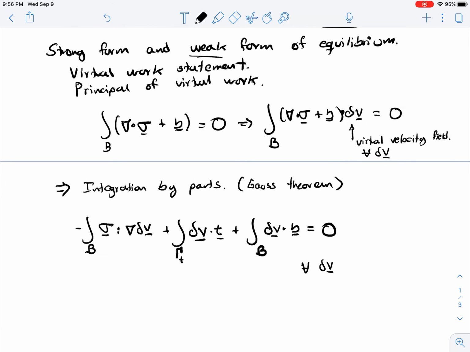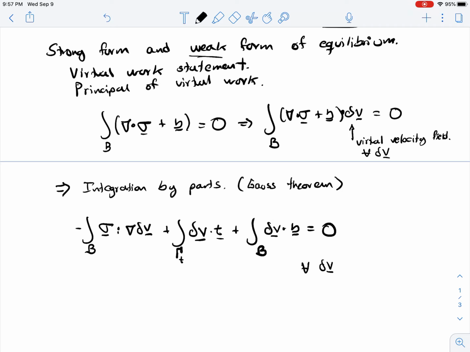But now this is a weaker statement because we passed one of the derivatives that was in sigma, we sort of pass it to the virtual velocity field. And then we can do something even a little bit more, which is that because the sigma is symmetric, when you contract the symmetric tensor with a skew symmetric tensor, you get 0.